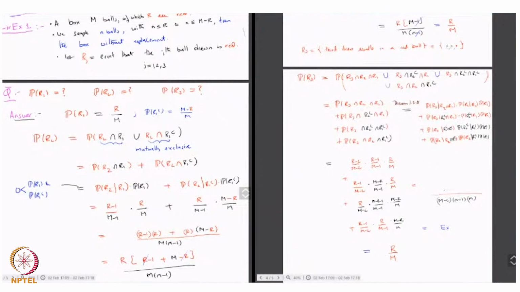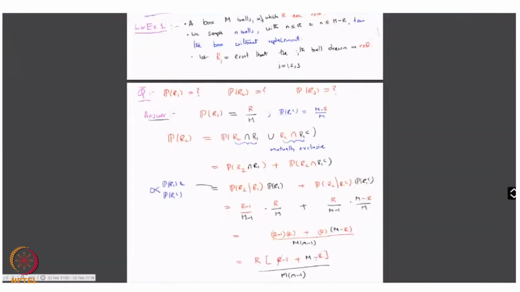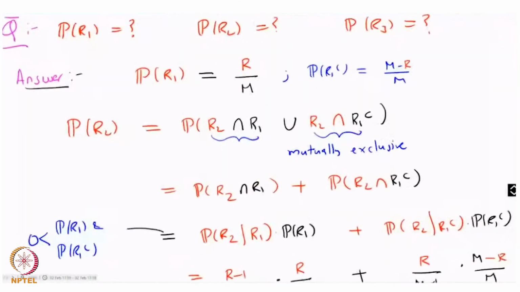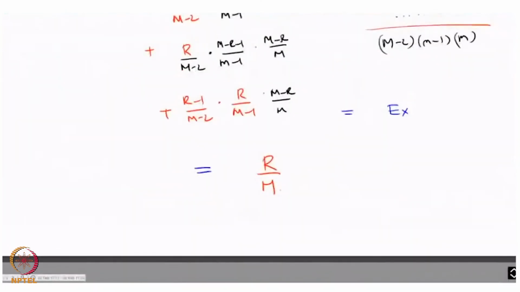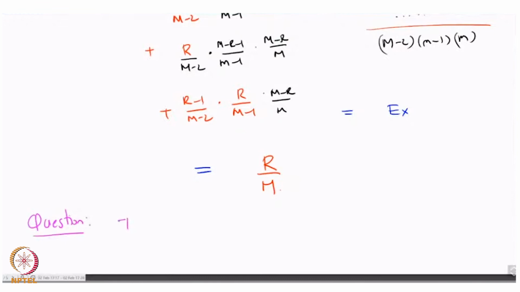So here's an exercise for you to think about. I will not solve it today. Question to think about. In general, what is the probability of Rj for any j?